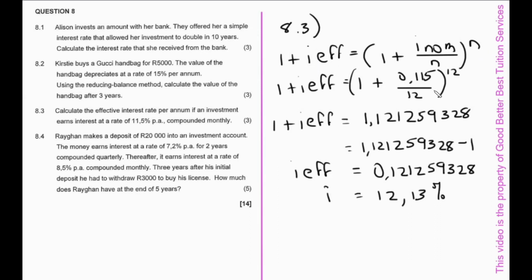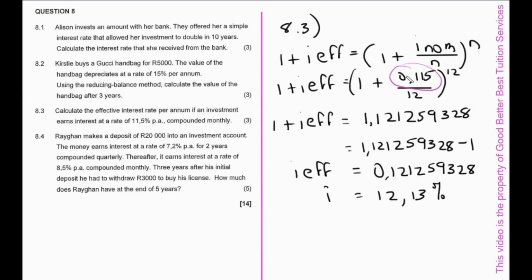Let's substitute what we have. We know that our interest rate is 11.5% divided by 100. We divide that by 12 because it's compounded monthly, to the power 12 because when we deal with nominal and effective interest rate, we only deal with it for a year. So it's compounded monthly, and therefore it's 12 terms that we need to deal with.